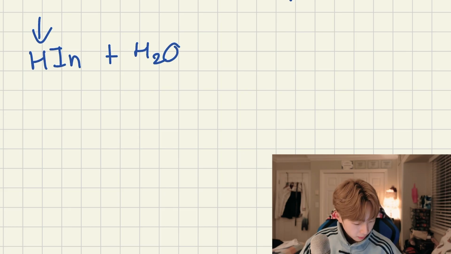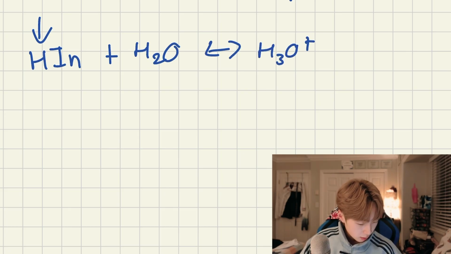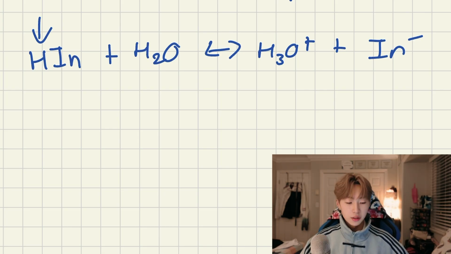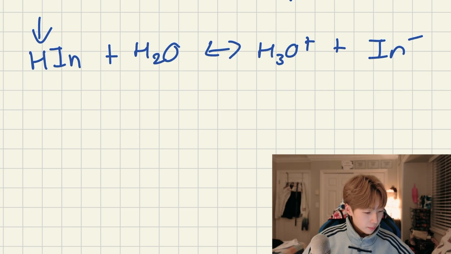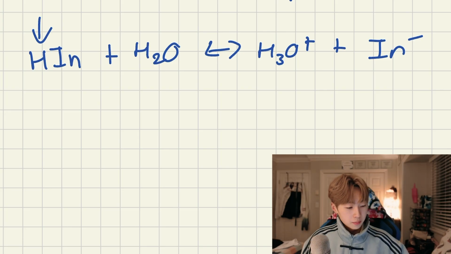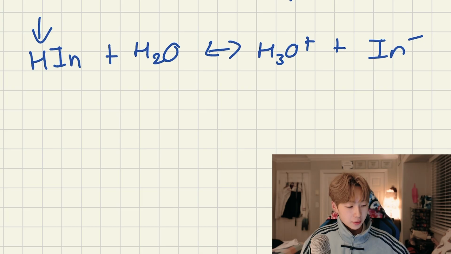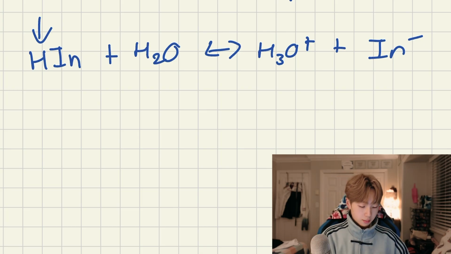It's in equilibrium with our H3O+ and our indicator without the proton. And that's because indicators are usually just weak acids or weak bases. The acid form is going to be a different color from the basic form, which is the conjugate base.